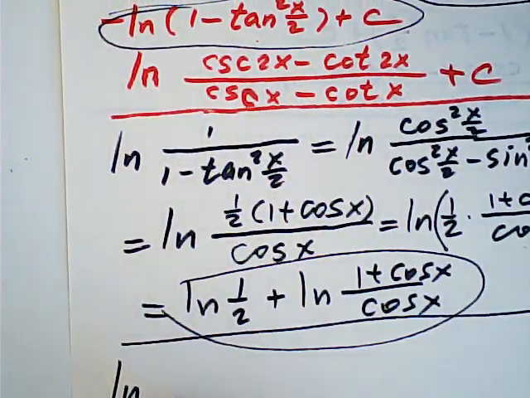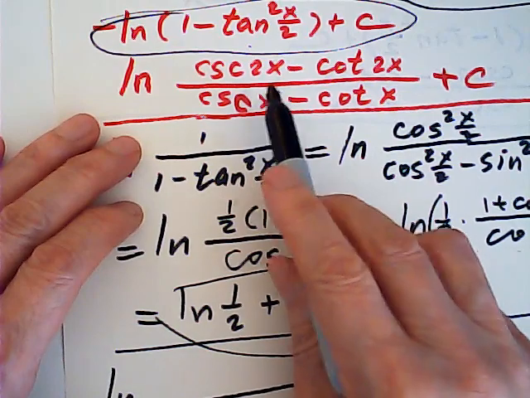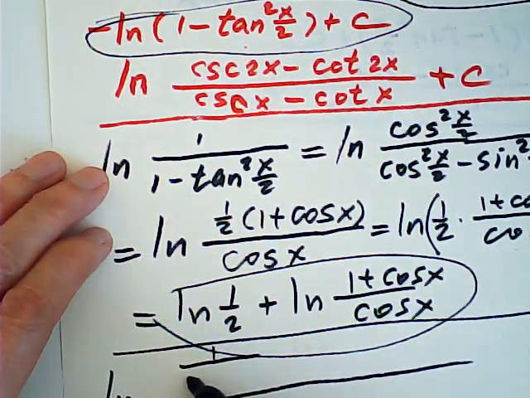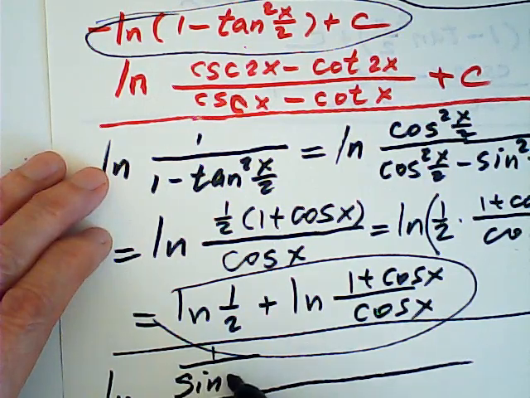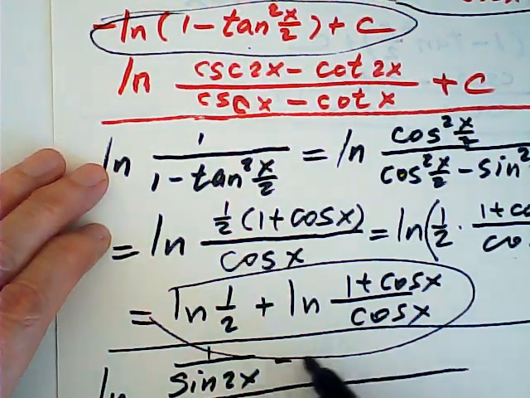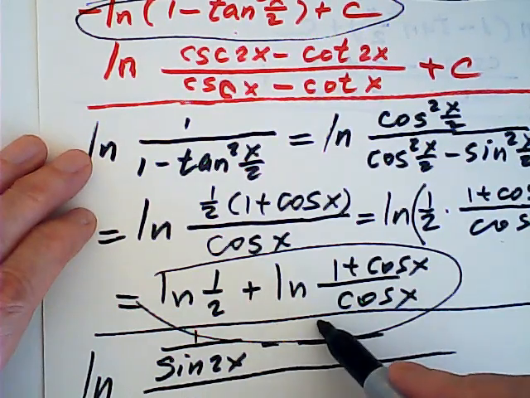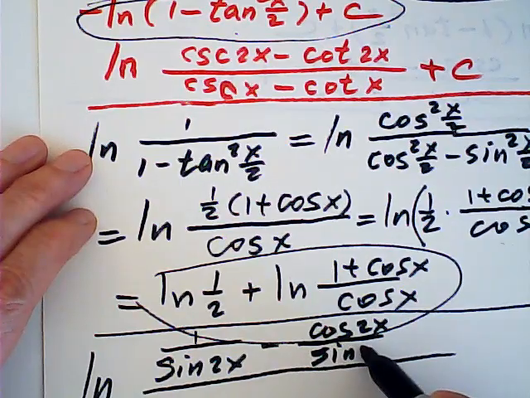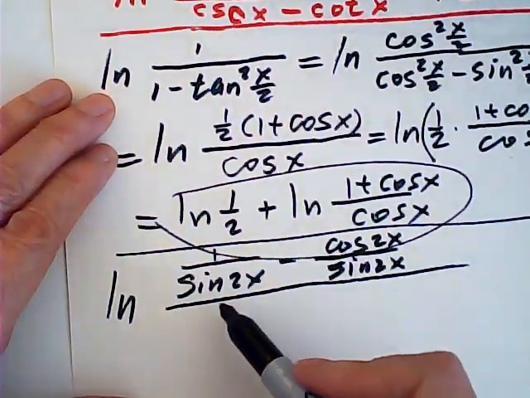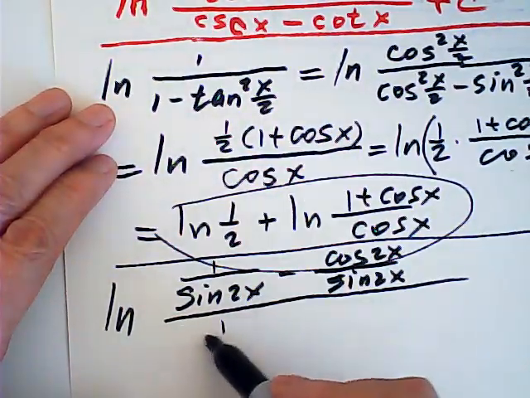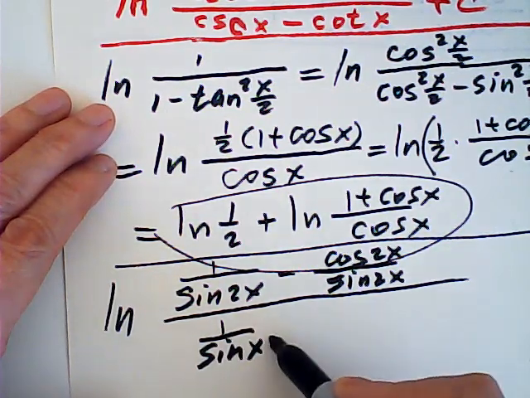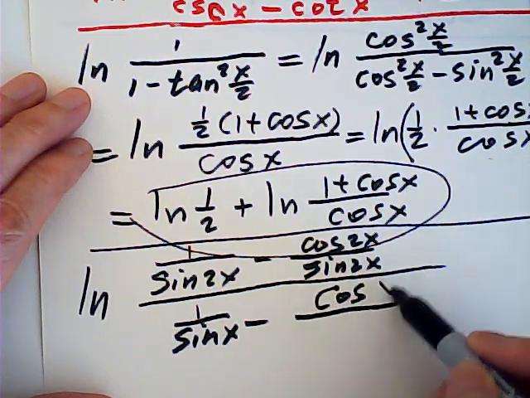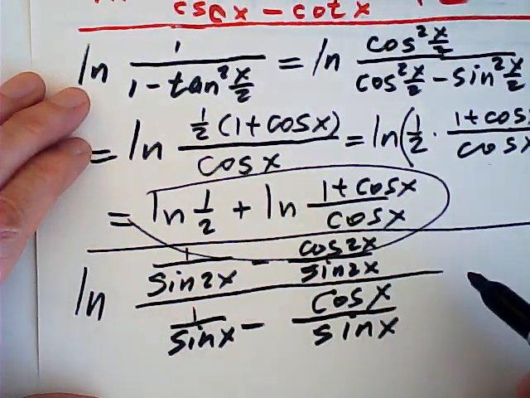This one. This is 1 over sine 2x, minus cosine 2x over sine 2x, right? This one is 1 over sine x minus cosine x over sine x.